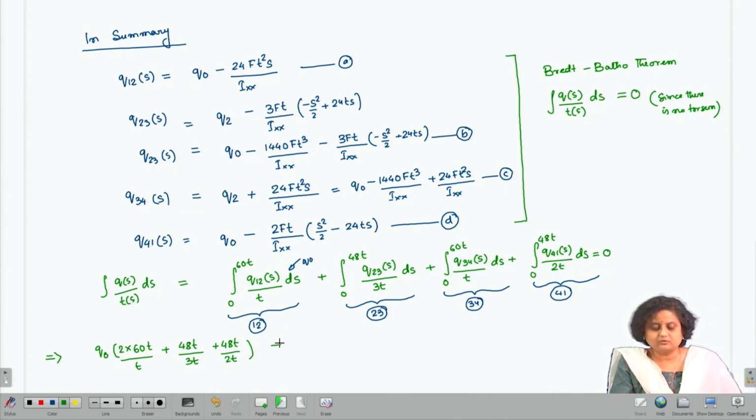Plus we will have a 1440 T for Q23 and Q34.